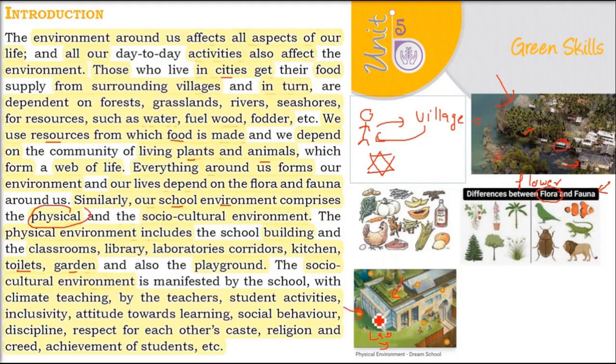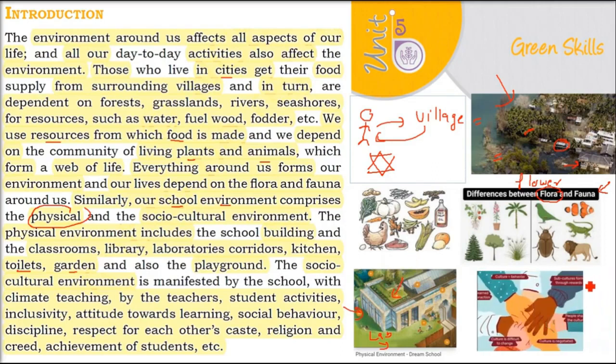The second environment of school is the socio-cultural environment. Socio comes from society, social. The socio-cultural environment is manifested by various things. First is the teaching, how the teacher teaches and how the students are taught.